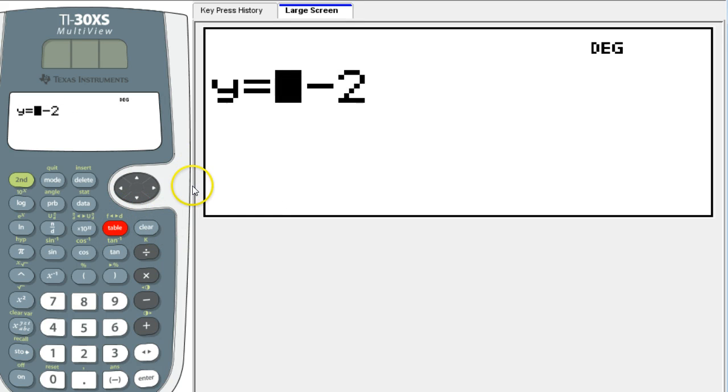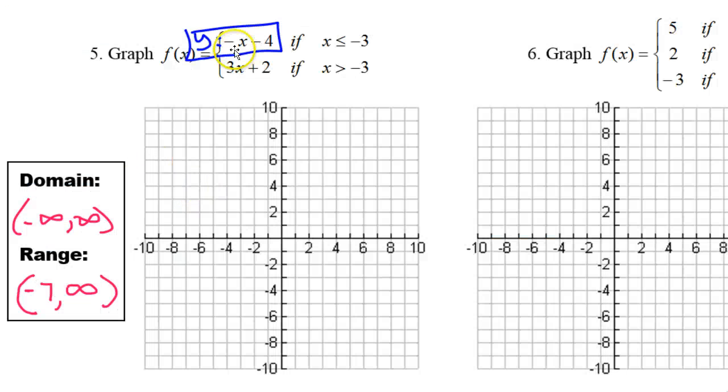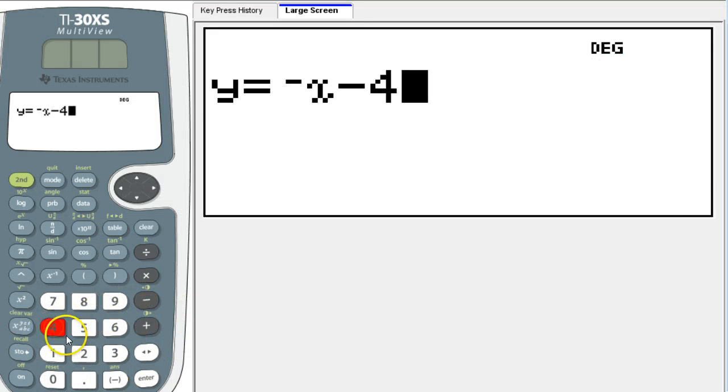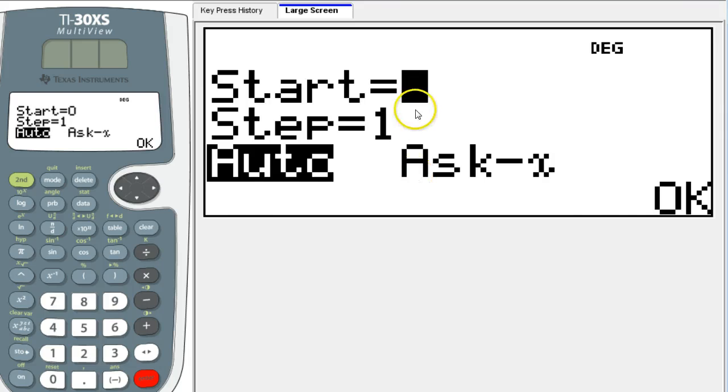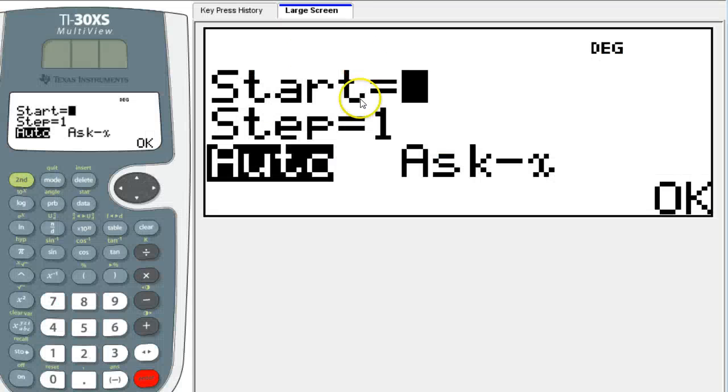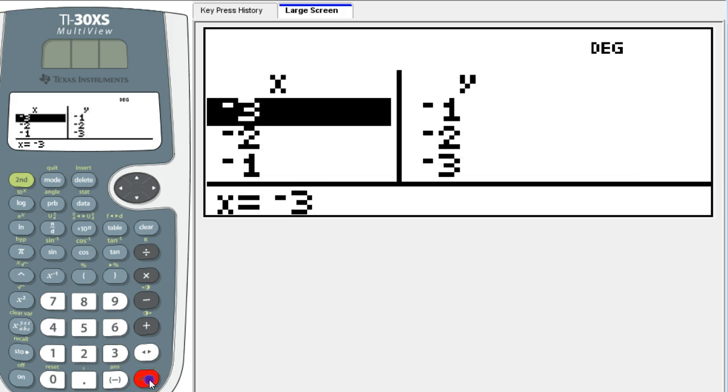I hit the table button, and I need negative x minus 4. Okay, where do I start? At the domain restriction number, so negative 3. All right, just hit enter 4 times. So this is going to be the end point of this piece, negative 3, negative 1.